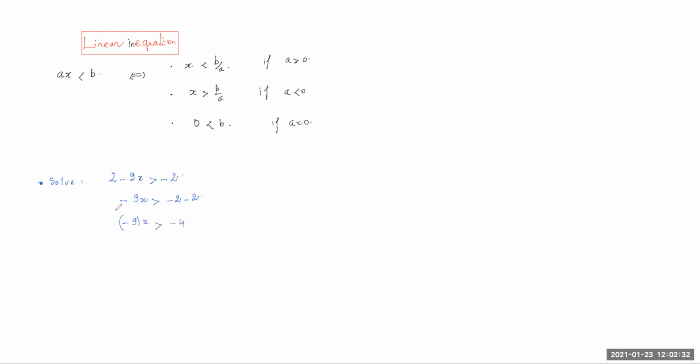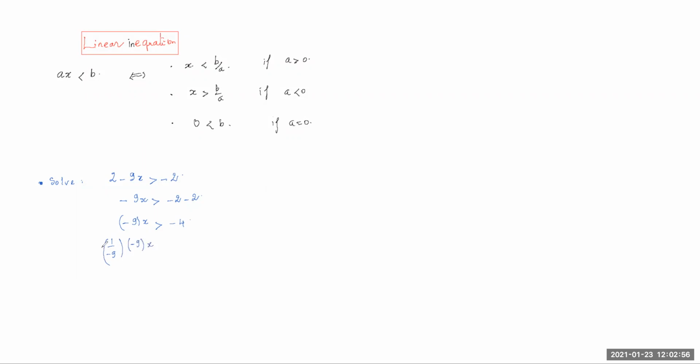To isolate x, I need to eliminate this constant. We can do it by multiplying both sides by 1 over minus 9, which is negative, or dividing, as we also say. So let's do it once here to show what we are doing.